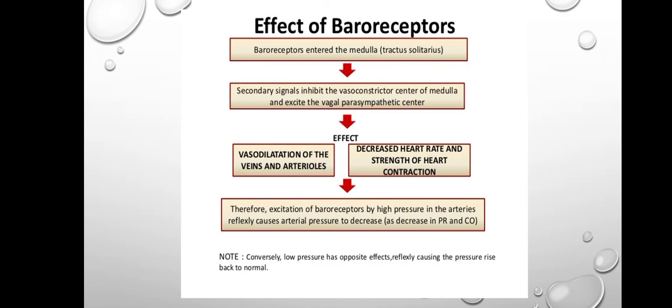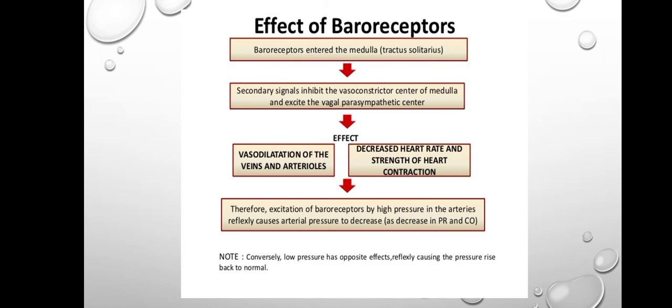Later on, there will be enhanced parasympathetic output via the vagus nerve. The secondary signals will inhibit the vasoconstrictor center of the medulla and excite the vagal parasympathetic center, which is what I'm trying to explain.